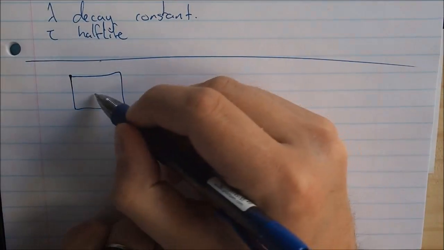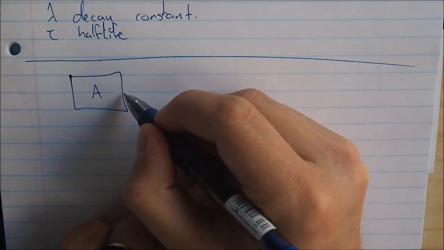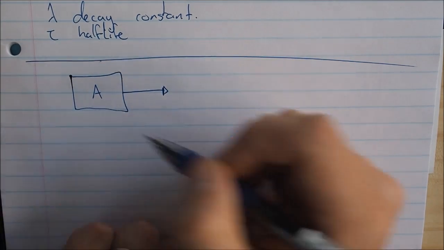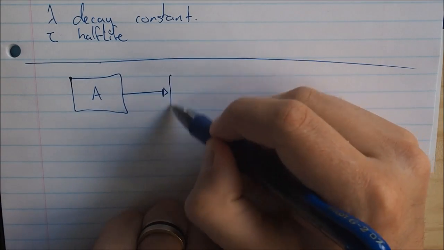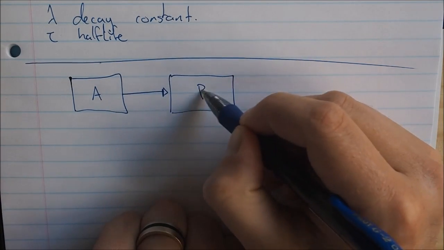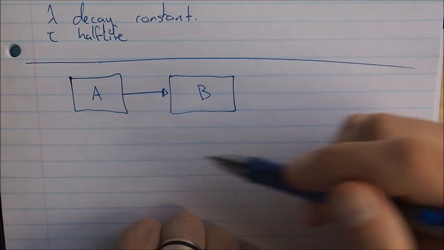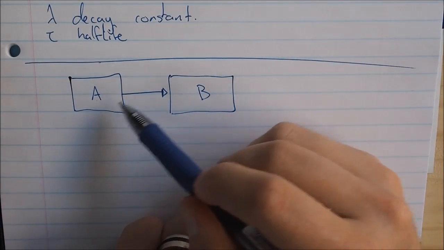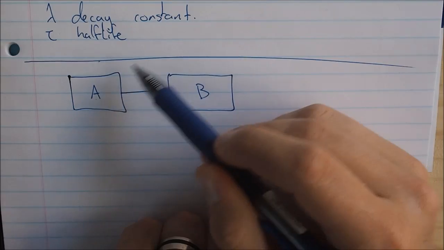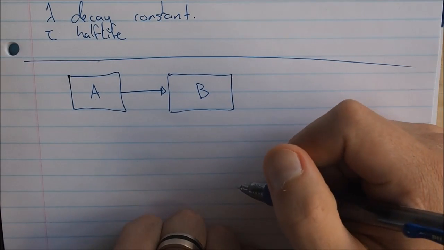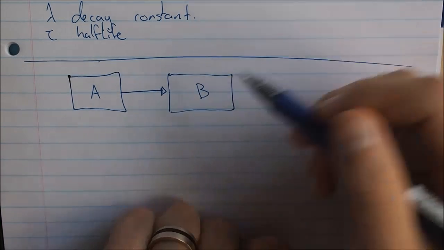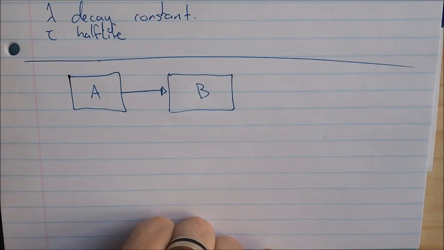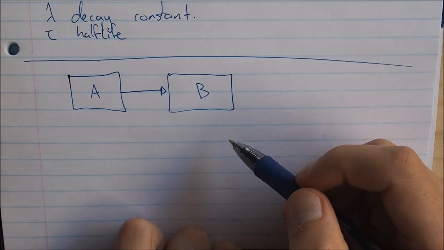Okay, so we have this substance A, and we know that there's nothing coming into it, so there's no more of A being produced, but it's decaying, and it decays into a non-radioactive substance B. So A turns into B at a rate of lambda, say, and B then just stays as B forever, because it's non-radioactive.